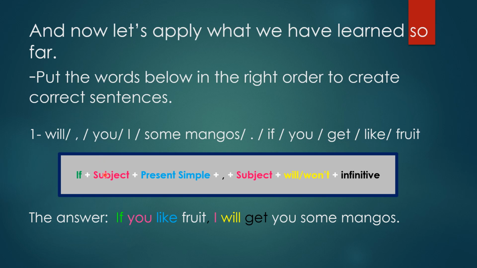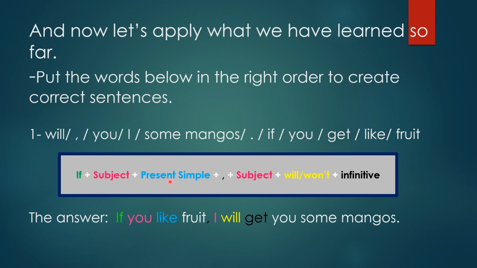So let's answer based on it. The first thing we have to find is if. Where's the if? Here it is, I've put it at first. Then we have the subject. The subject is most likely going to be a name or a pronoun. Here is a pronoun. If you: if, and you is the subject.